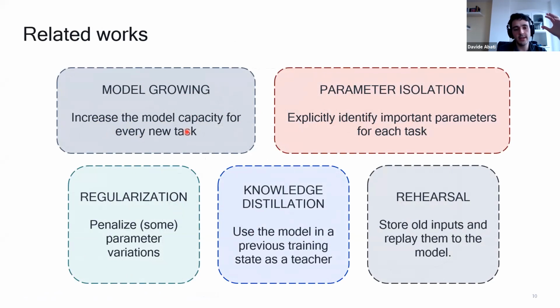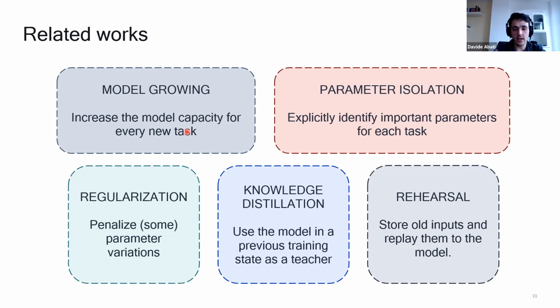Model growing methods increase the model capacity at each new task. Then we have parameter isolation: they compute binary masks over parameters for each task, trying to highlight which parameters are important for each task, and they will freeze those parameters in future learning.